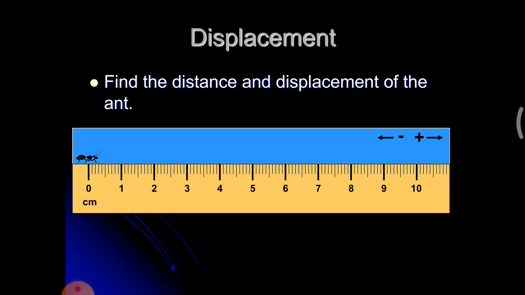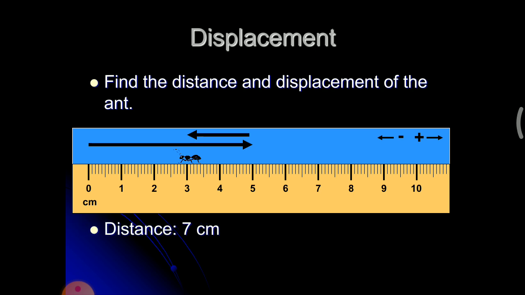Find the distance and the displacement of the ant. First, the ant travels 0 to 5, and second, the ant travels 5 to 3. So the total distance is equal to 7 centimeters. How to find the displacement? The final position minus initial position gives the displacement. Here the initial position is 0.